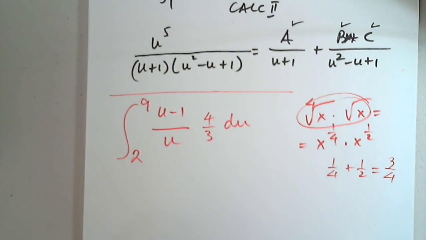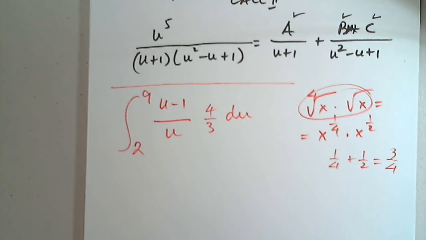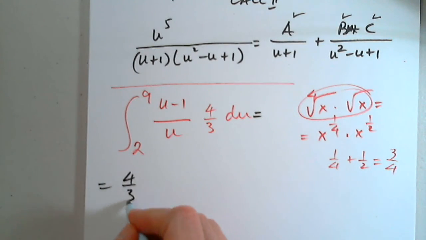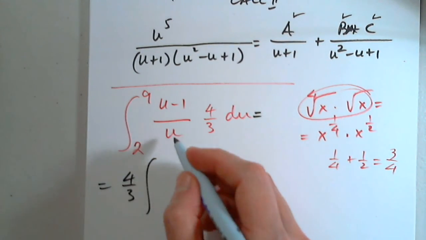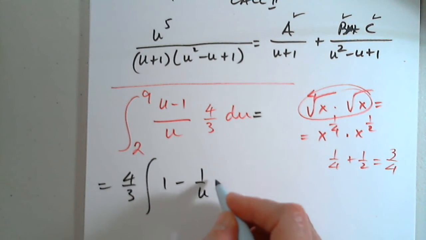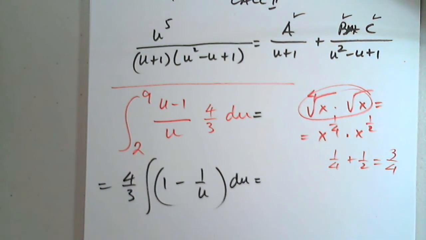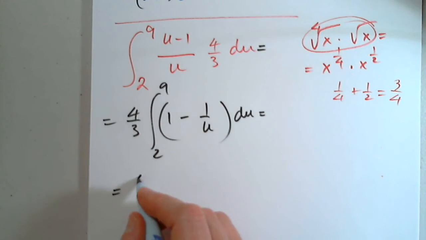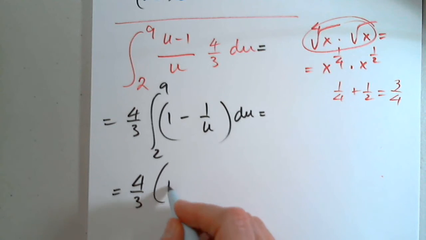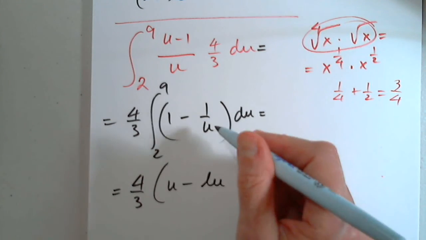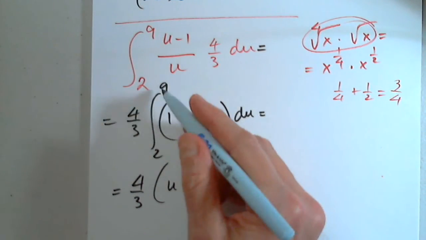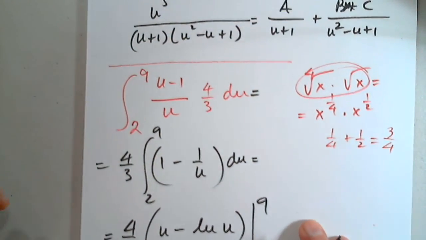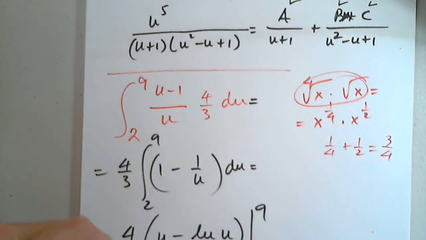So now let's finish it and then we'll check. So this is, oops, 4/3 is outside. Now we separate u over u is 1 minus 1 over u du from 2 to 9. Okay, so 4/3. And of course, u minus natural log of u, I don't have to write the absolute value because I have 2 to 9, from 2 to 9. So let me just double check my limits of integration.